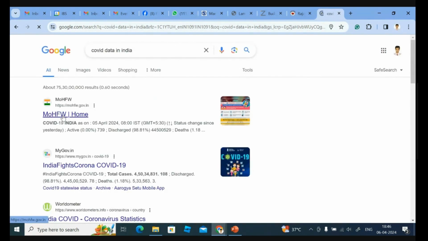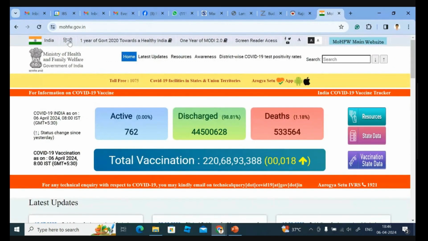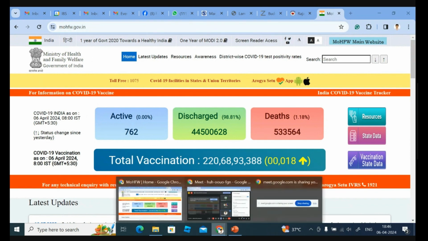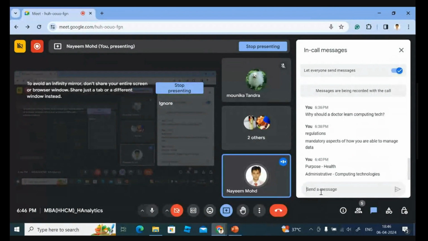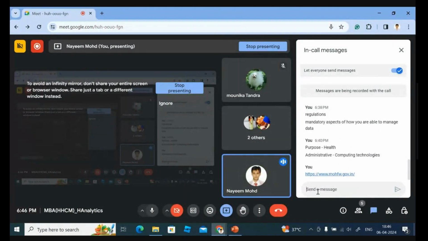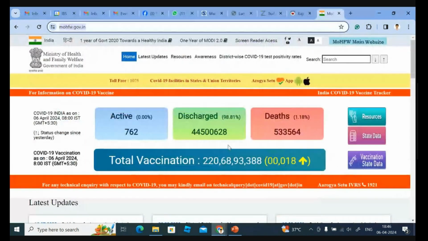So this is from the Ministry of Health and Family Welfare. Please do visit this website. We will do some practicals as well. I'm putting this in the chat box as well. So the site is already there.